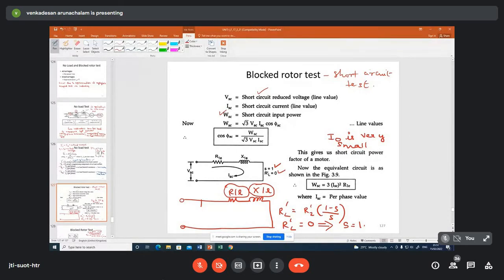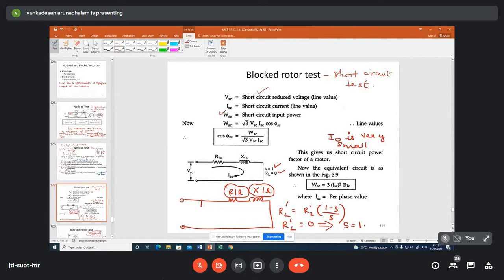When you come to the lab, I will show the mechanical load belt, and using that belt you can tighten the rotor, and you have to give the voltage to the motor and circulate the rated current in the machine. Under that condition, the machine will not rotate. It is under short circuit condition, or in other words, under blocked rotor condition. Simply you have to tighten the rotor so that it is not rotating when you give the input voltage to the machine, and you have to circulate the rated current.